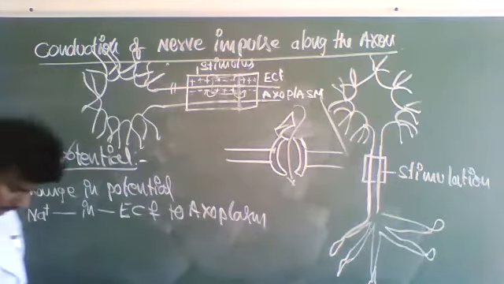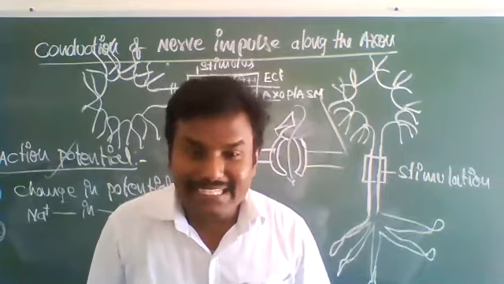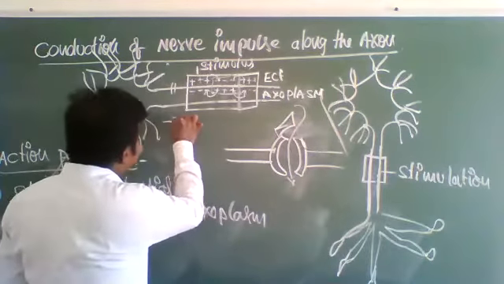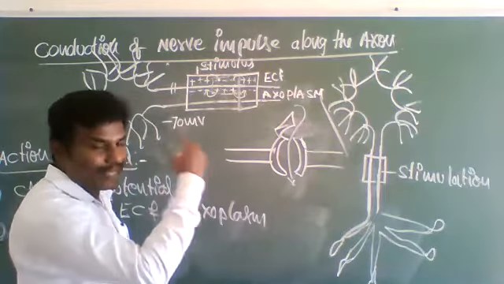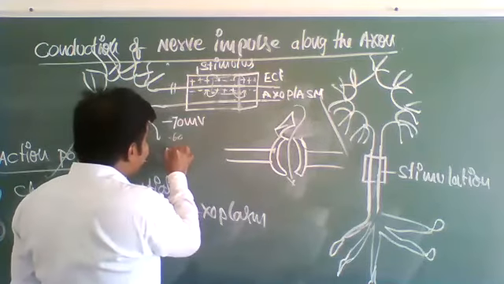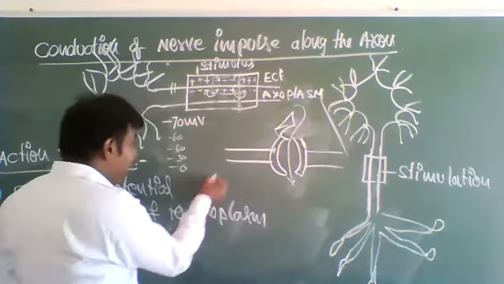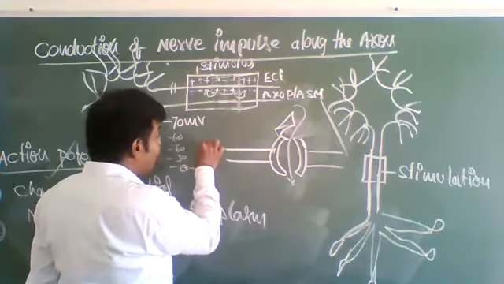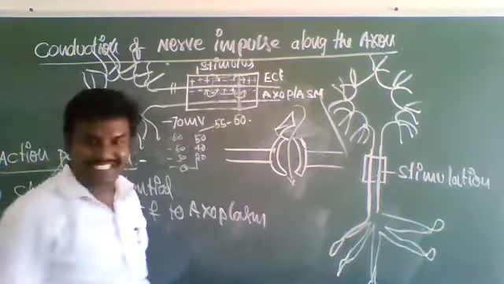Fourth one, the membrane potential progressively becomes less. Initially it is minus 70 millivolts, as I said. It goes from minus 70 to 60, 50, 30, 0. Then again from 0 to 20, 40, 50, 55, to a maximum of 60.